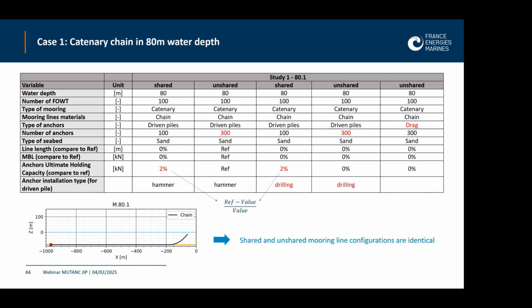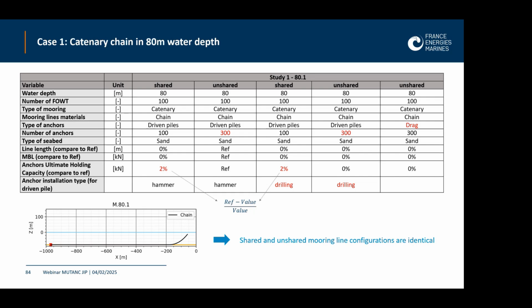Yeah, can go to the next slide. So first we go through case 1, in 80-meter water depth with chain catenary. What we can see is the variation between shared and unshared cases. First, we consider driven piles for the shared mooring lines and the unshared mooring lines. And for the unshared cases, we also consider drag anchors, to see the comparison between drag anchors and driven pile shared anchors.